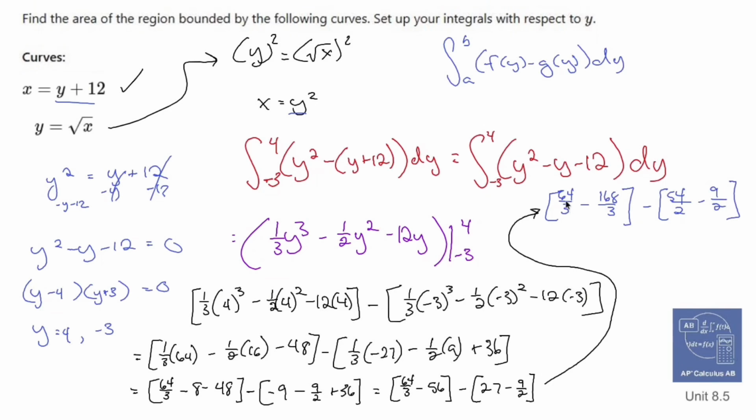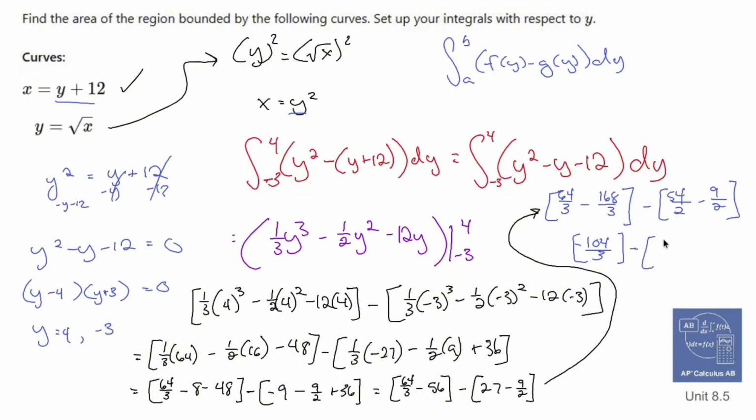Okay, 64 minus 168 is negative 104 thirds. Does that simplify? No, it does not.